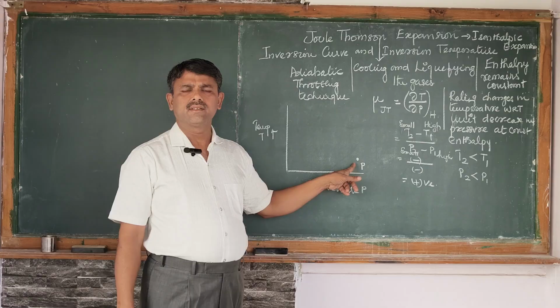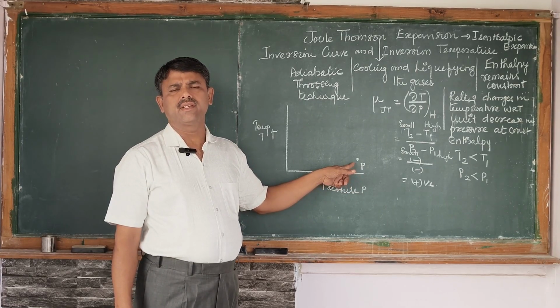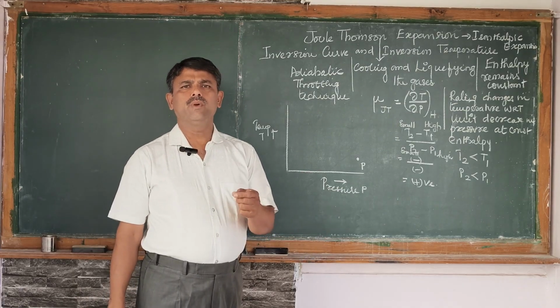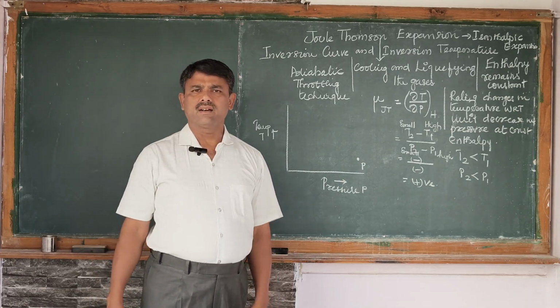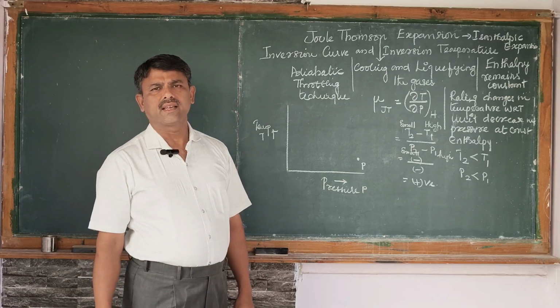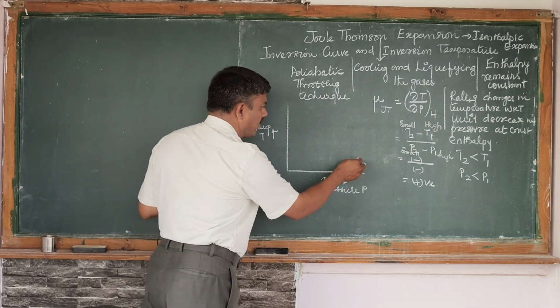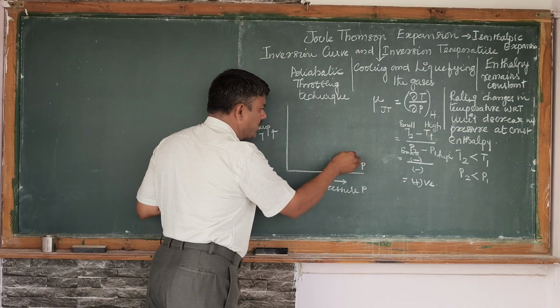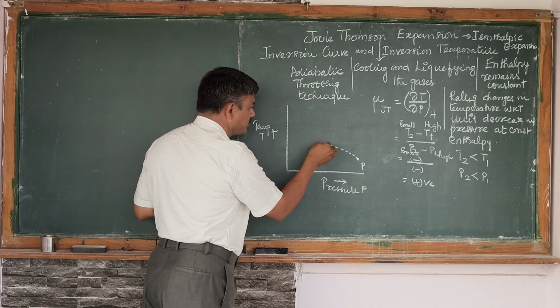Joule-Thomson expansion is a sudden expansion. Expansion takes place in a short span of time, so each and every moment will be important. At the initial stage, on decrease in pressure, the gas experiences an increase in temperature.